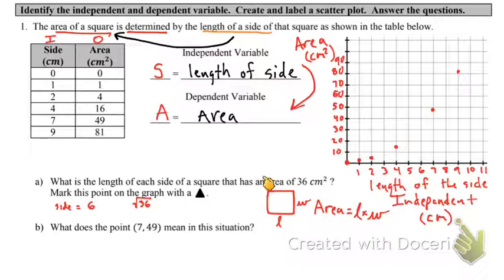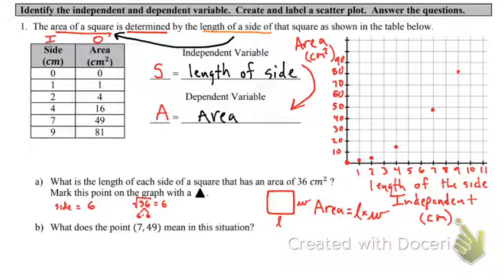What the square root says is: what number multiplied by itself gives me 36? The number that multiplies by itself to give me 36 is 6 times 6. So in other words, the square root of 36 is 6, and that gives us our side length.